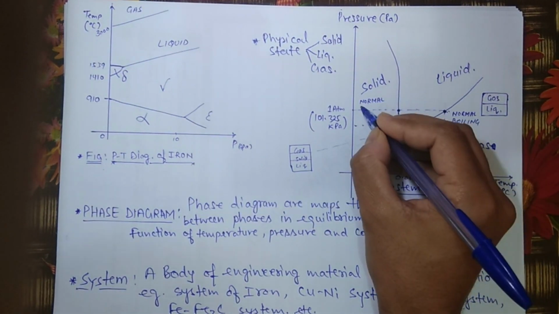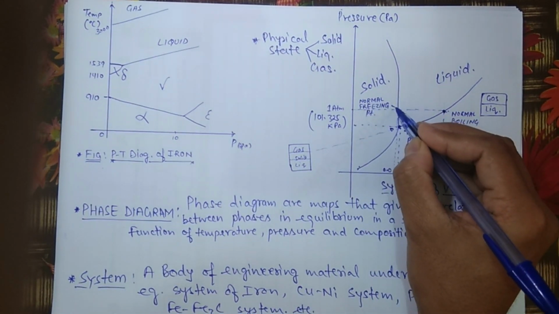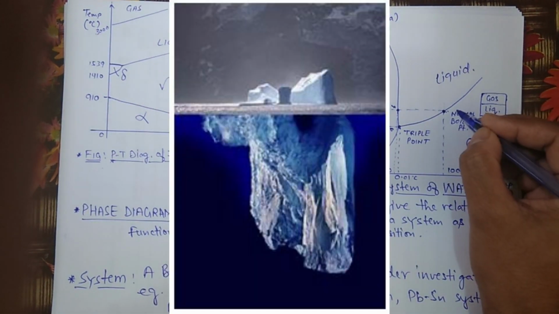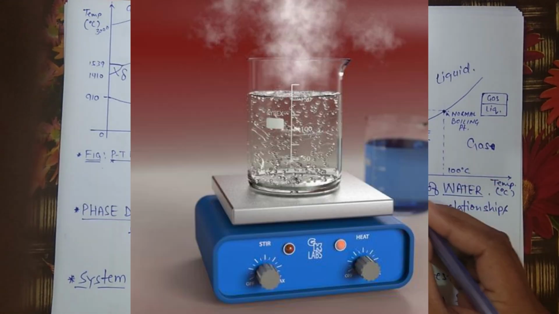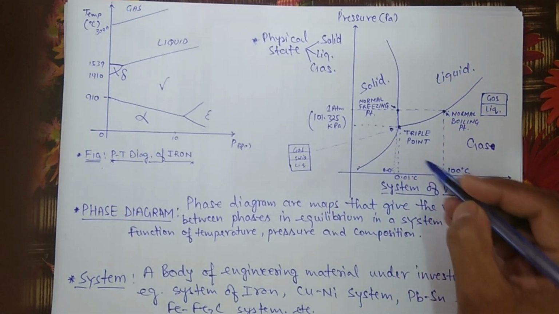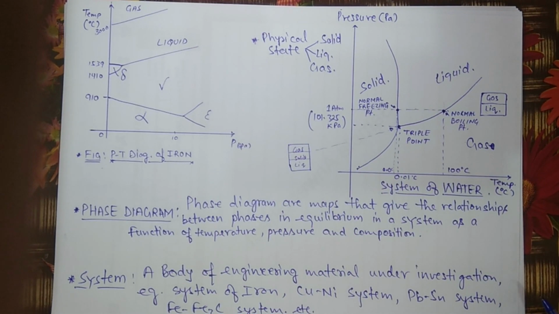It is the normal freezing point. So this is the normal freezing point at 0 degree centigrade, this is the normal boiling point at 100 degree, and this point is the triple point for water.